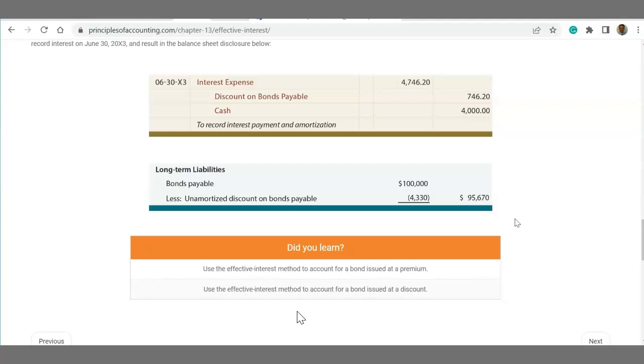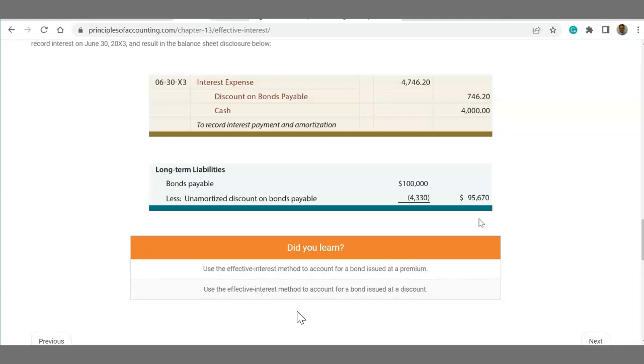Discount is not a liability. Discount, remember, people didn't give us full 100,000. People gave us 92,000, right? So technically they owe us because we told them give us just $92,000 today and we let you have this $100,000 bonds payable. So they owe us.